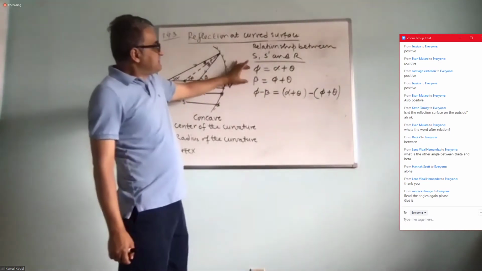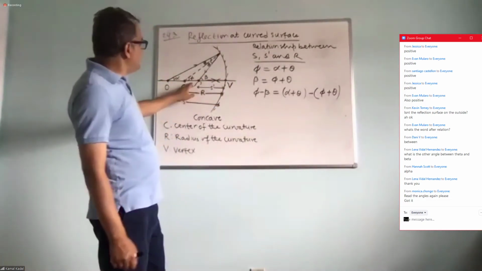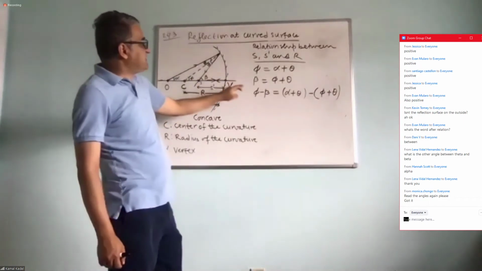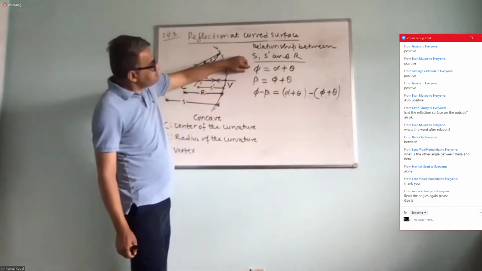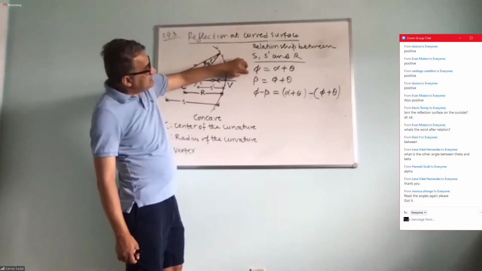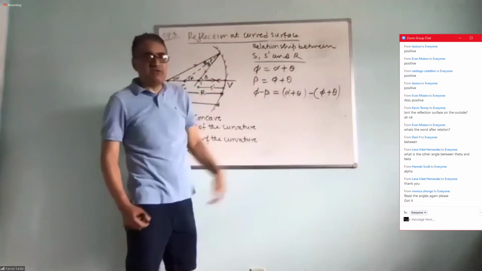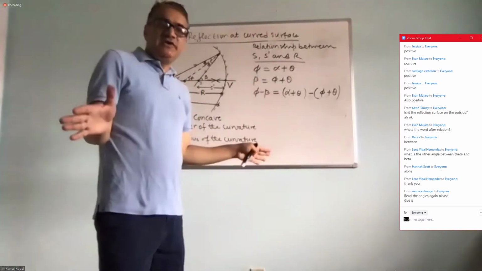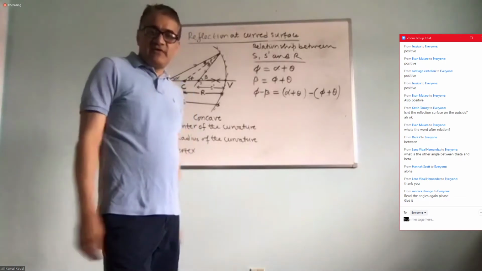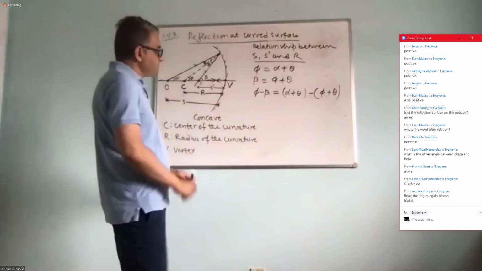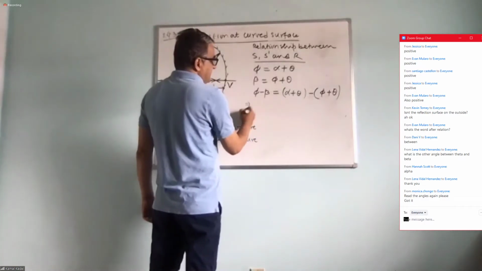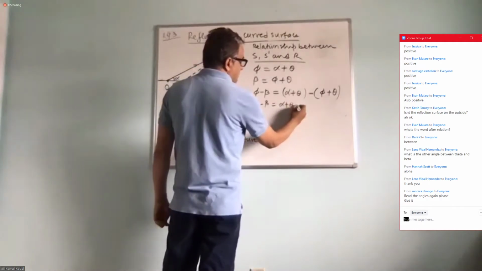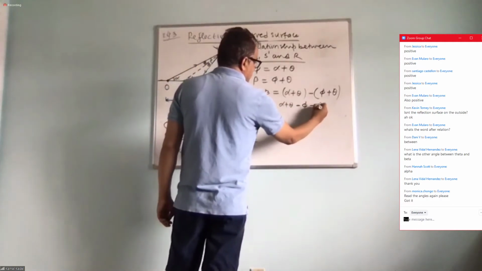Look here. This is from geometry. This phi equals alpha plus theta. This beta equals phi plus theta. Now what I'm doing is subtracting these two left hand sides and these two right hand sides. We can do that. If we do the same operation on both sides of the equation, we can always do that. You understand, right? So that means I have phi minus beta equals alpha plus theta minus phi minus theta.